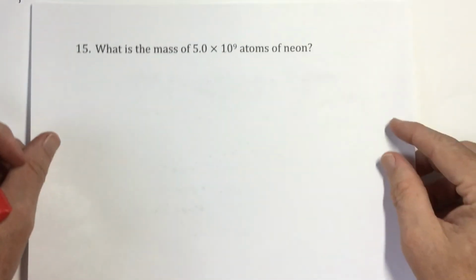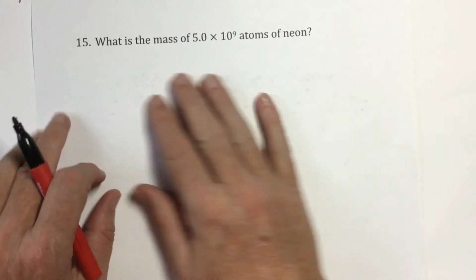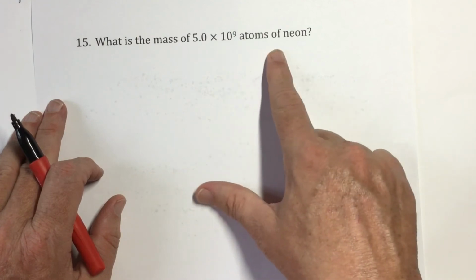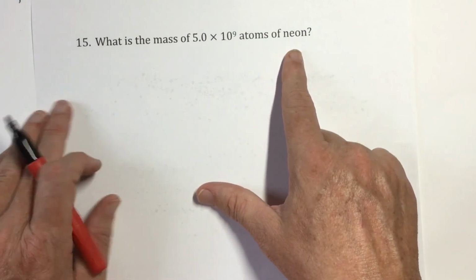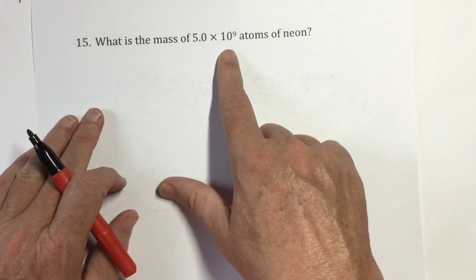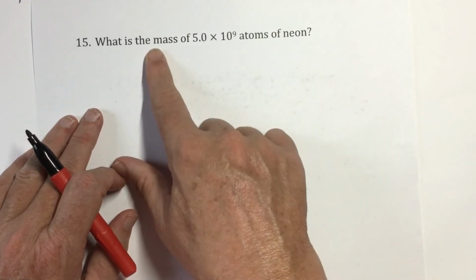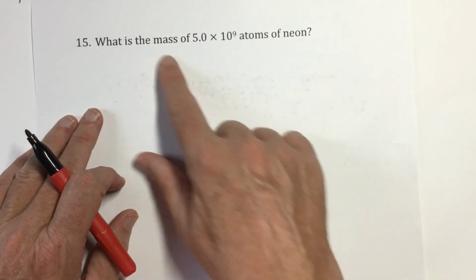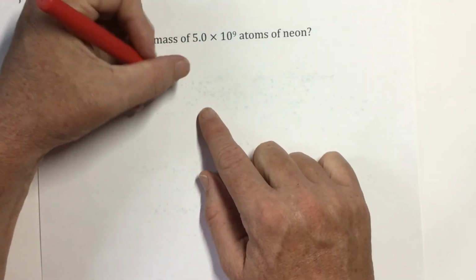Number 15. What is the mass of 5.0 times 10 to the 9 atoms of neon? Well, that's a pretty small number of atoms, so I'm expecting a very small answer. So again, we'll convert this to a unit of mass. We'll go grams.